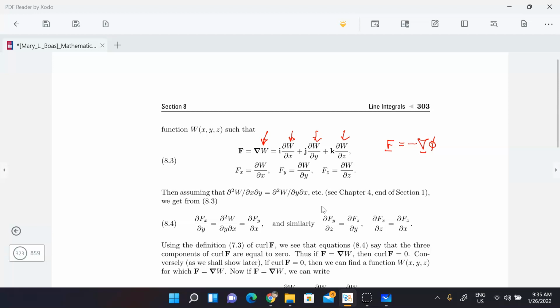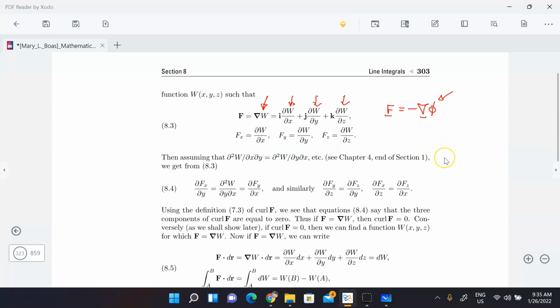Both are actually equivalent in a way, but this has some physical meaning. Later on, we shall see one example. So what happens in this particular case is that once you put it in this particular form, let me go down.